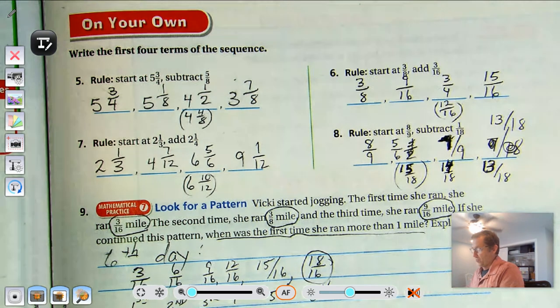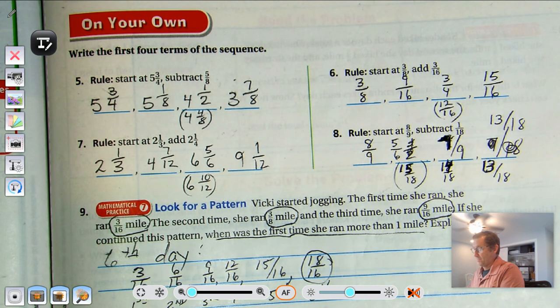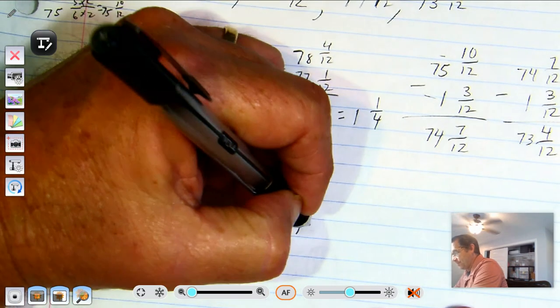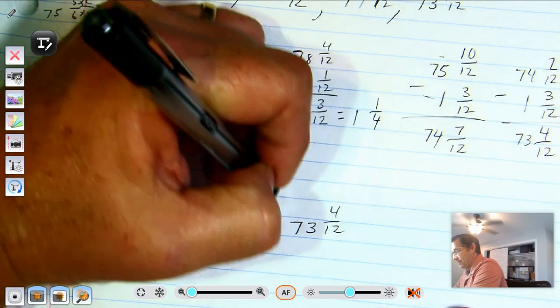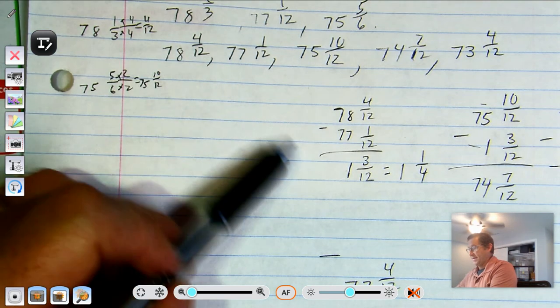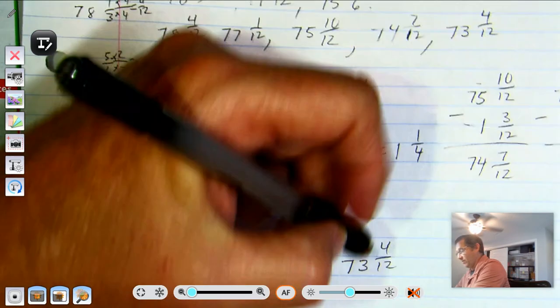And it wants to know how much fewer miles on Friday than on Tuesday. All right, so Friday, 73 and 4/12 miles. Tuesday was 77 and 1/12 miles.